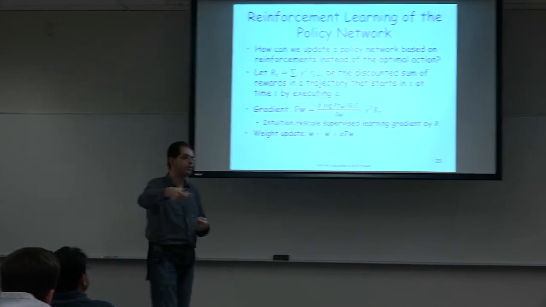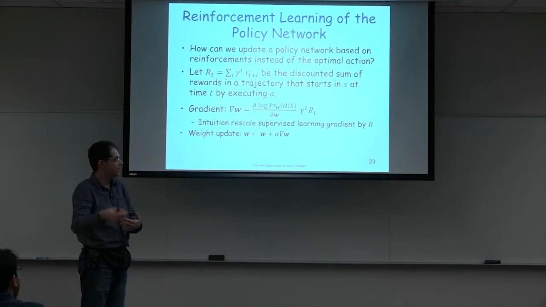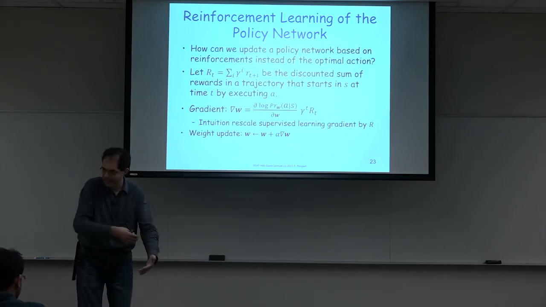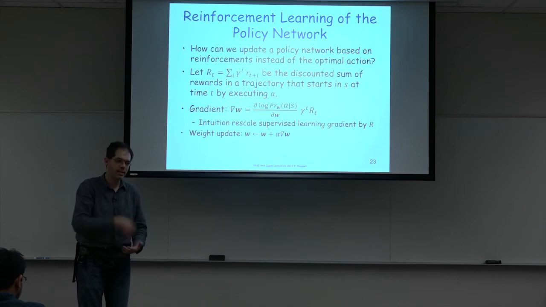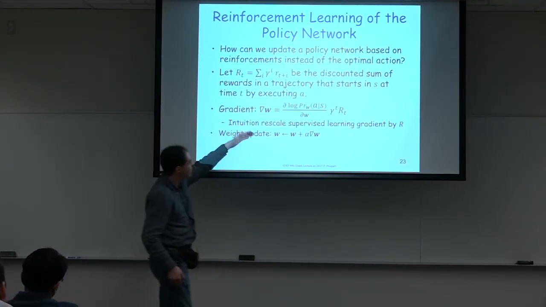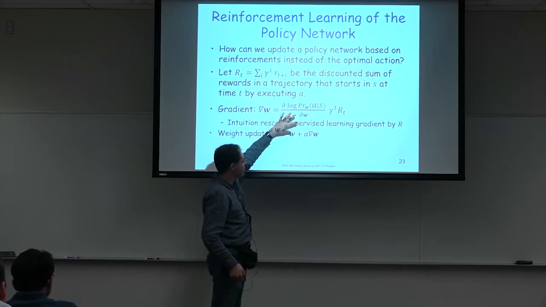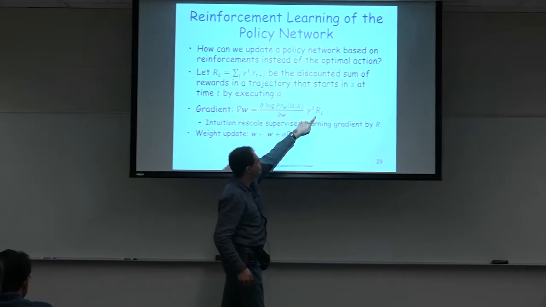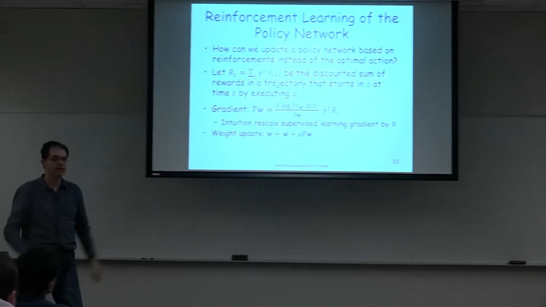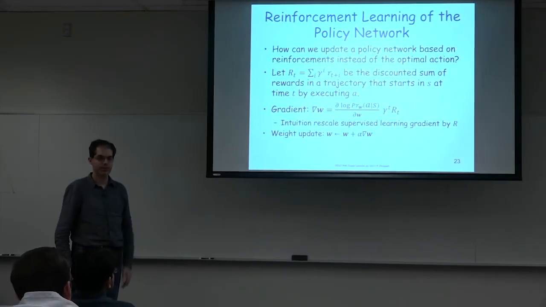If it's going to lead to a loss, then it's going to have a small gradient, and in fact here you might have a negative gradient if you define a loss as a negative reward. So it will adjust the weights, taking into account the rewards, to change in the right direction. Okay, so that's the intuition.